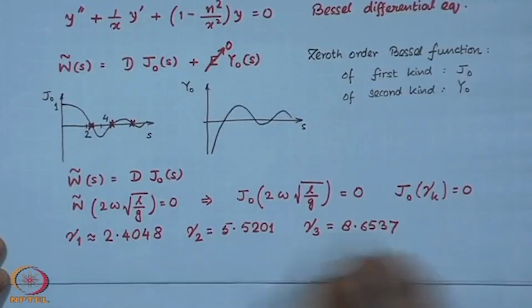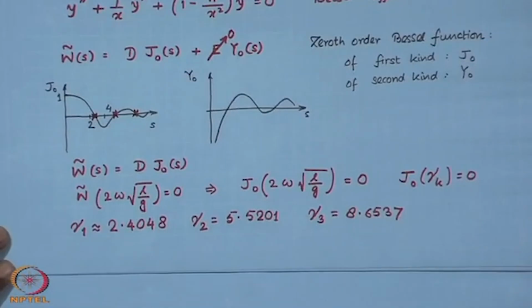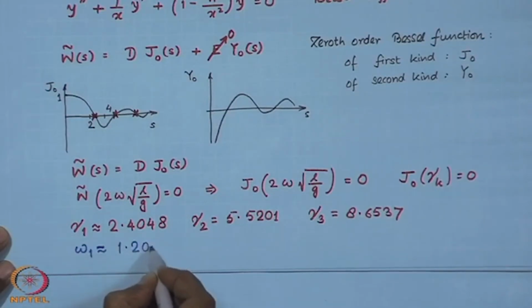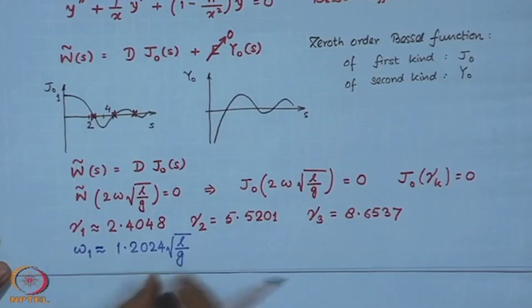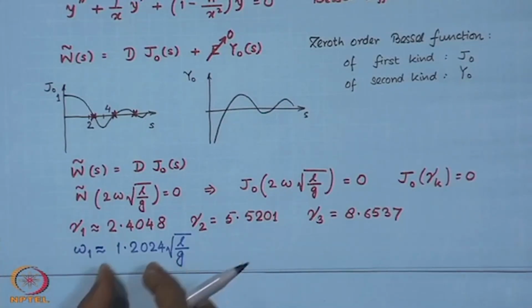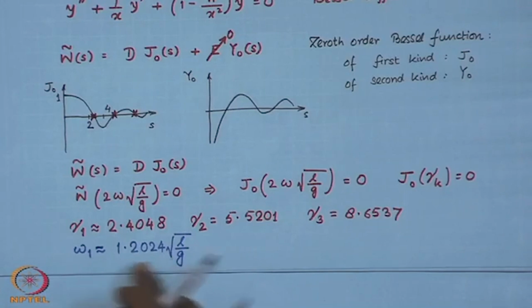From these values of gamma k, you can easily write omega 1 as 1.2024 under root L over G. So, you can see that compared to a mathematical pendulum, this is 1.2 times higher.